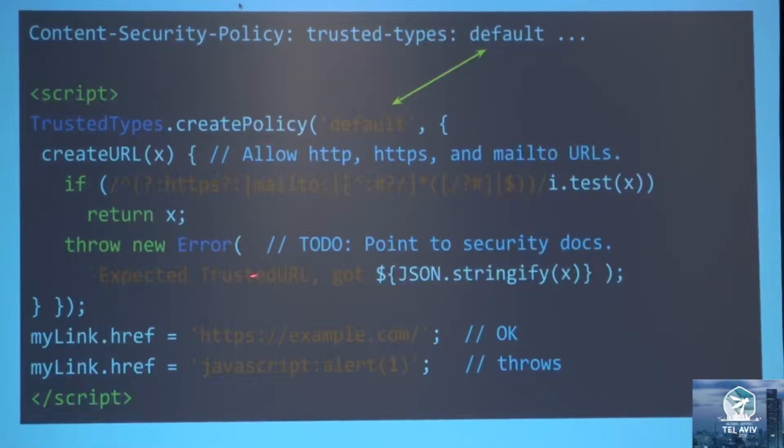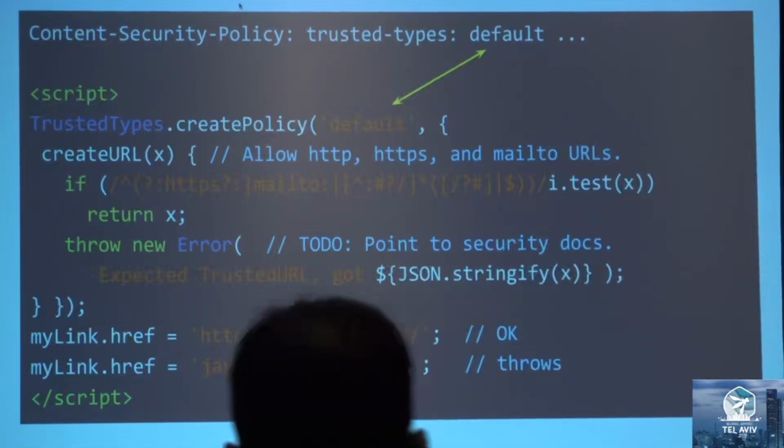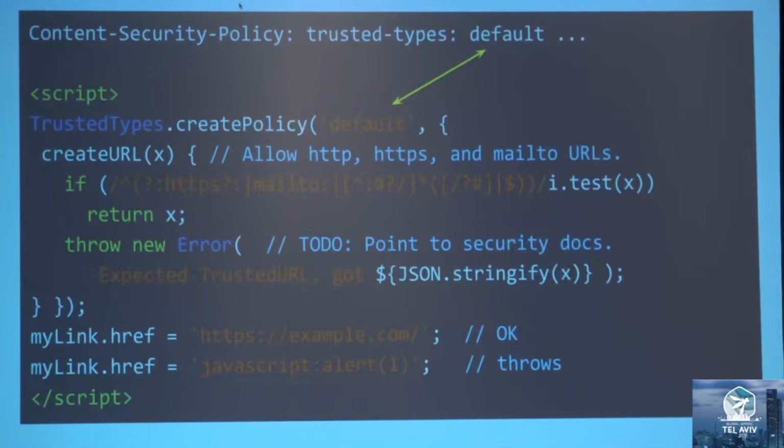Otherwise, it throws, hopefully providing the developer with a message which tells them what went wrong and maybe how to follow the approval process if what they're doing really is a legit case. And with this, assignment of an HTTPS URL just works. This assignment of a JavaScript URL fails.